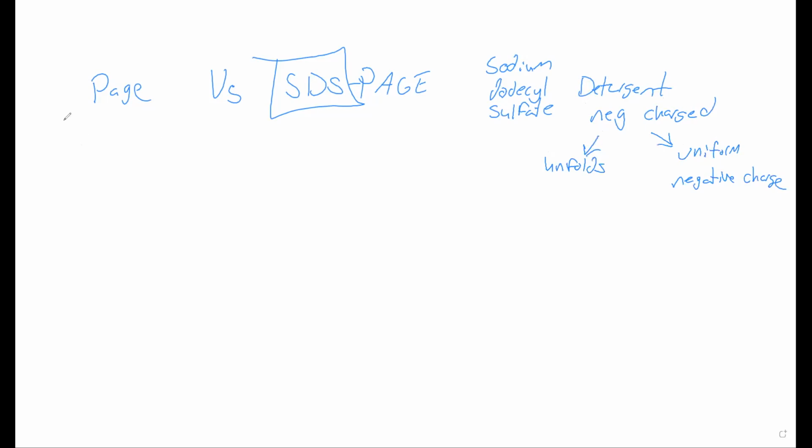So PAGE stands for polyacrylamide gel electrophoresis.